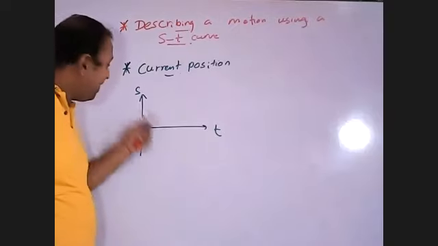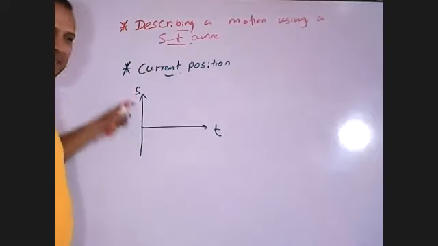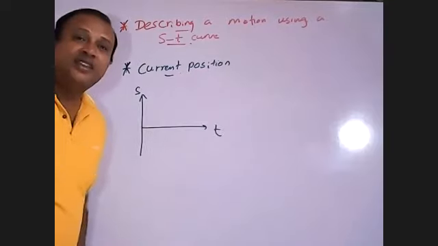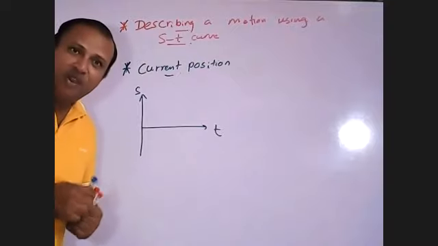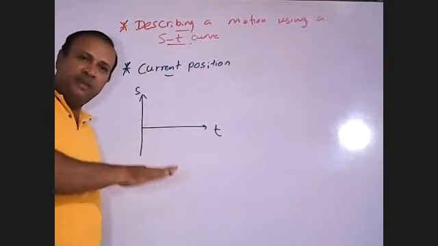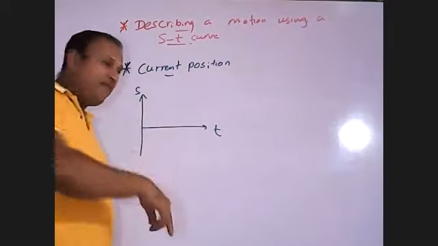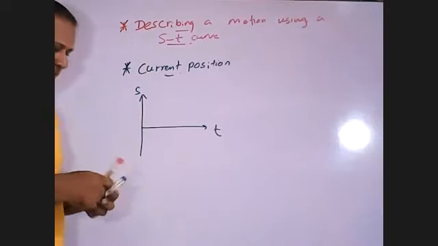S is on the y-axis. In an ST curve, S means displacement, which is represented by the y-axis. So if the y value is positive, that means S is positive. If the y value is negative, that means S is negative.